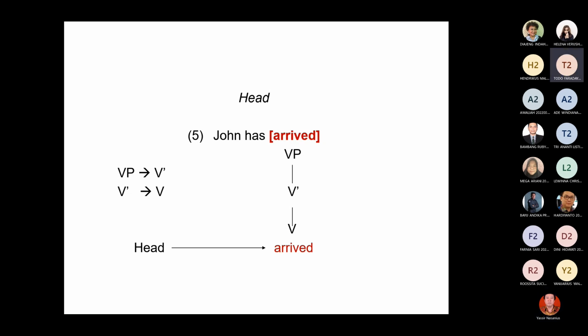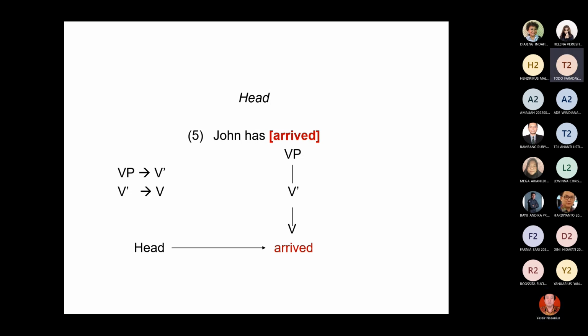So when you draw the structure for arrive, you have to use 3 levels, VP, V bar, and V, and this VP only contains a V. So basically, again, a head is obligatory in a phrase.